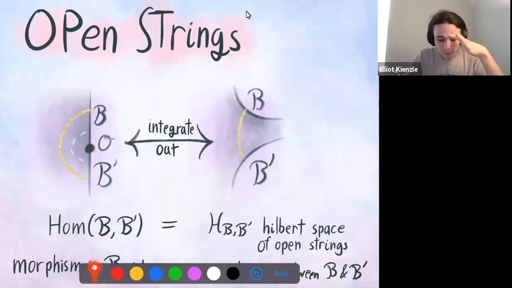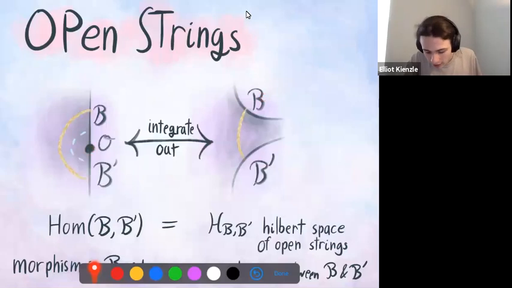But basically, the space of strings on this corresponds to the space of open strings stretching between the brane B and the brane B prime. So more explicitly, this operator O describes a homomorphism in the category of branes from B to B prime.